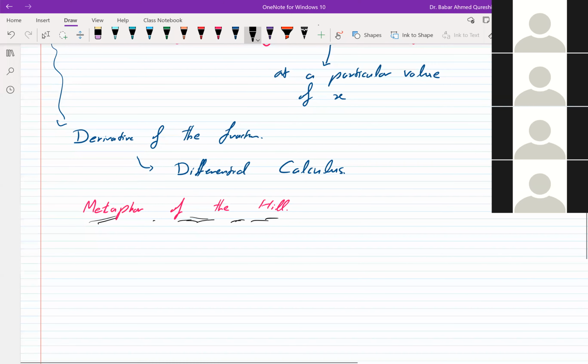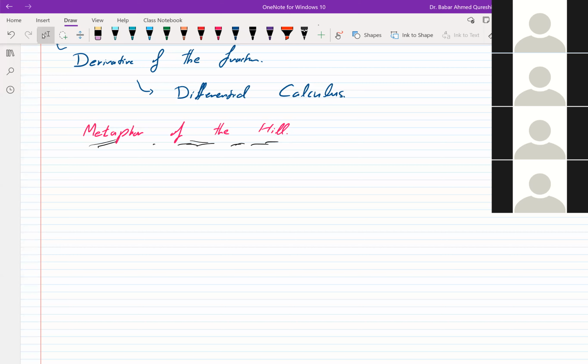And similarly, for example, we can consider this metaphor of the hill. So what do you have over here? So suppose you have a hill, and you're climbing it, maybe on a bike.